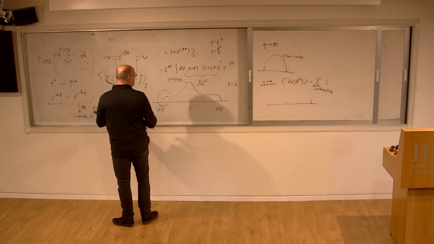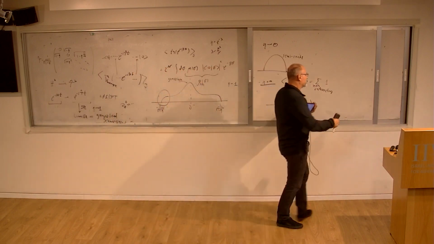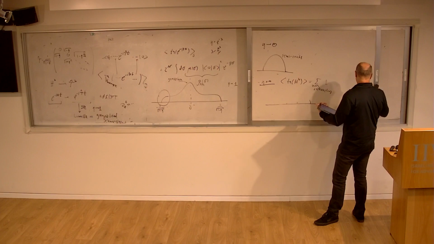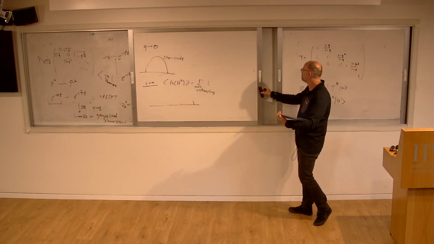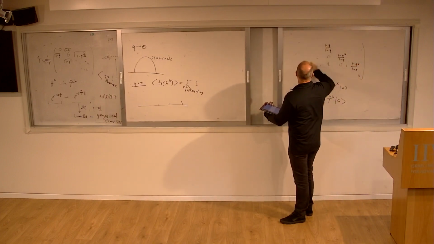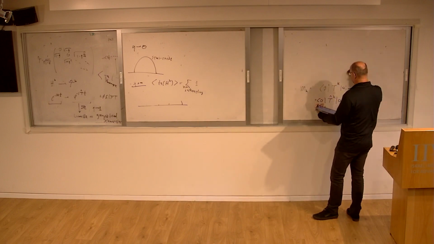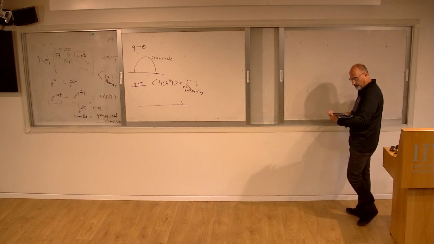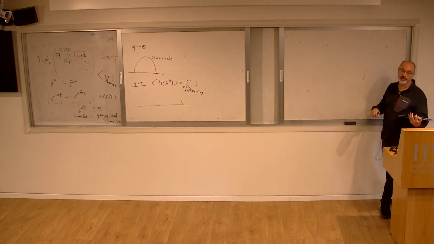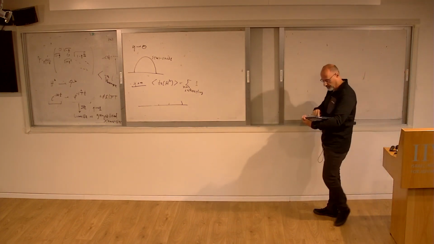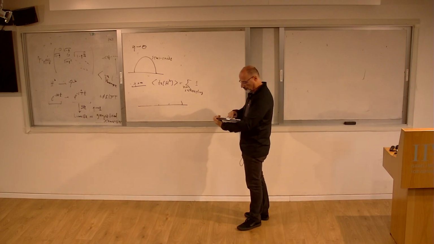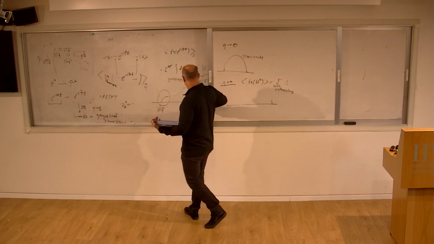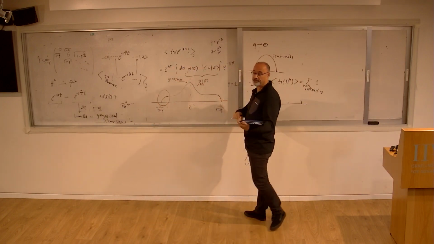So what are the main points that I want to make is that we can solve for all energy scales, because we have an exact expression from the lowest energy to the highest energy.